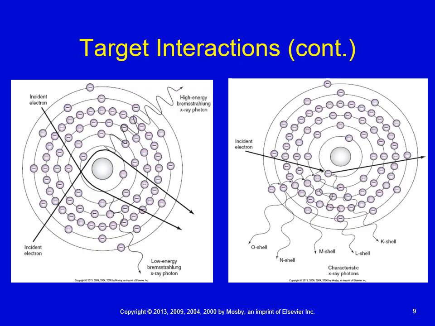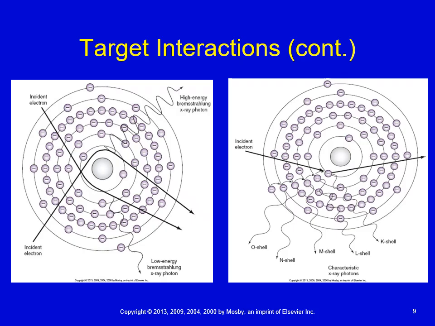Now, the figure on the right shows you what a characteristic interaction looks like. Characteristic interactions are produced when those electrons that are leaving the cathode interact with our anode target. They have enough energy when they go in to actually interact with an inner shell electron. Usually the K shell is the innermost shell.